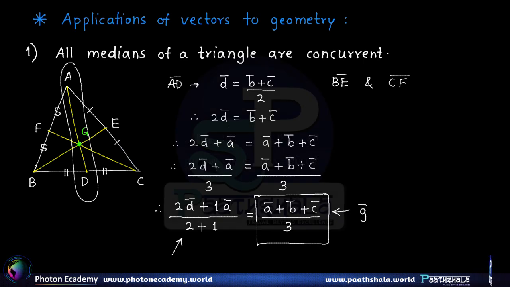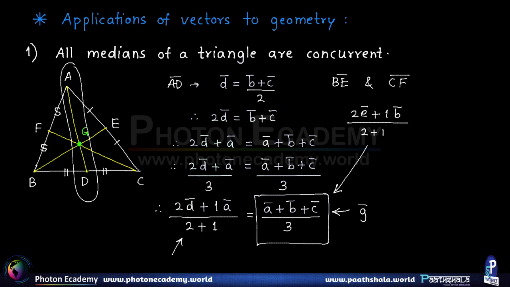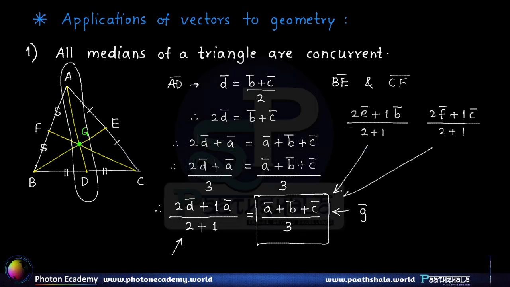So in case of BE, we will obtain (2 times E bar plus 1 times B bar) whole upon 2 plus 1, which will also be equal to the same vector, that is (A bar plus B bar plus C bar) upon 3. And in case of CF, we will get (2F bar plus 1 C bar) whole upon, once again, 2 plus 1, which also gives us the same vector.